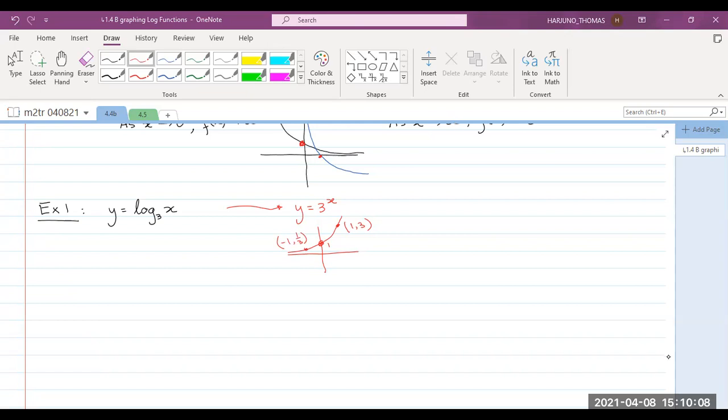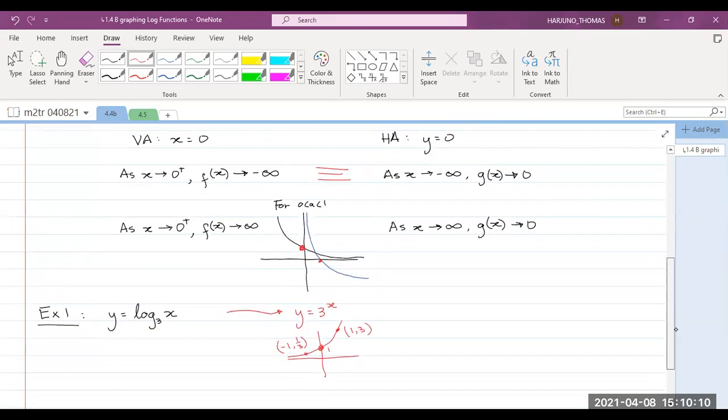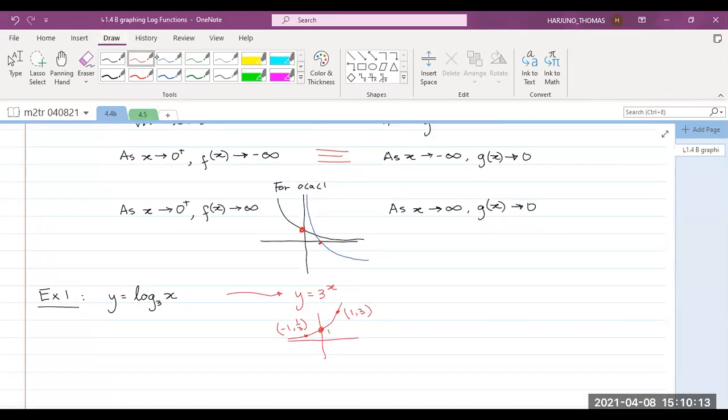Give me a second. Yeah, that's what it looks like. So the black one here is a to the x, and this one here is log base a of x. We'll graph that one also later on, but let's start with log base 3 of x.